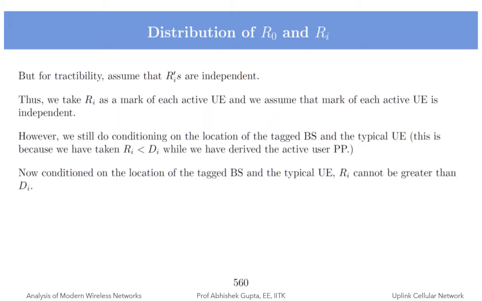Remember, in the PGFL, whenever you use it, we require the functions to only depend on xi. Similarly, if marks depend on the other base station points, then it would be very hard to compute any performance.